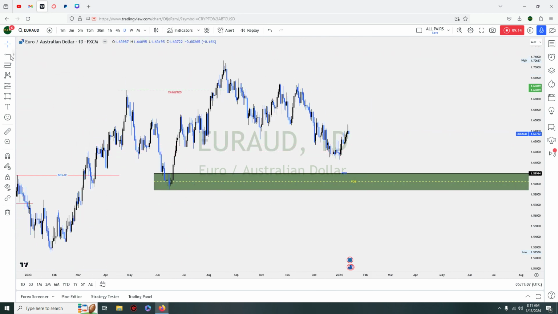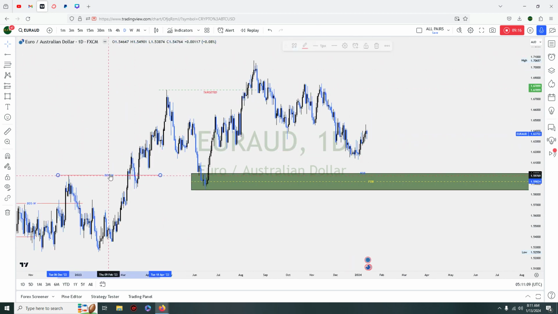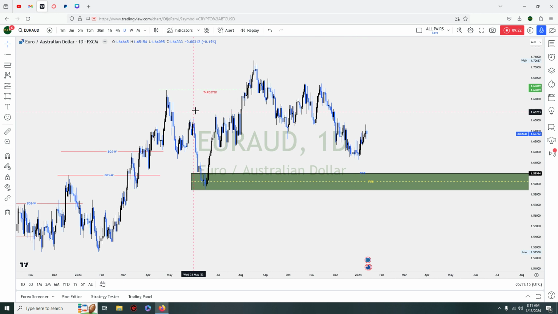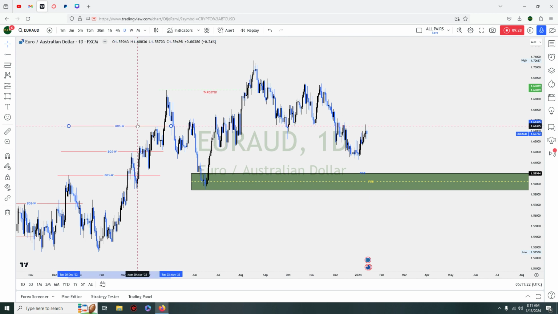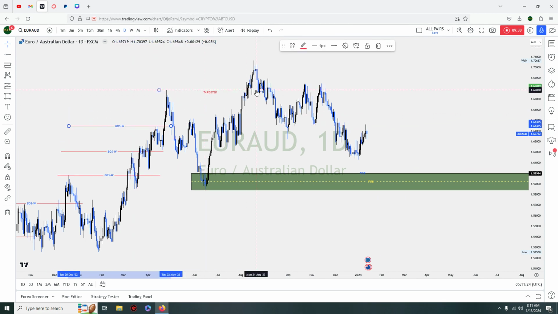We have this structure. Let me just mark this one. We have another one seated here, and we have another one seated right here, and then we have this final one that is seated here.